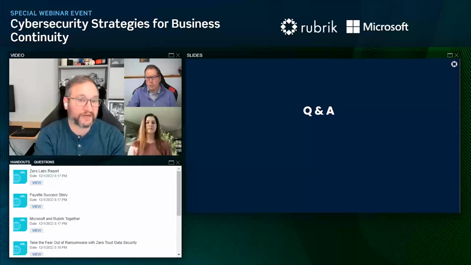Zero trust to a SecOps team may be implemented quite differently than zero trust to an IT ops team. And so one of the things we were trying to convey earlier is that you should be trying to unify those frameworks and get those teams to be kind of rowing the boat in the same direction.